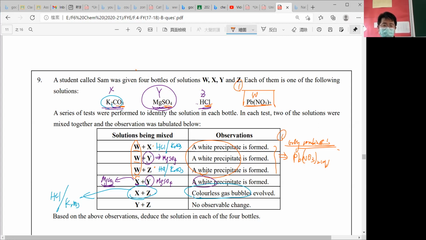We pick up X and Z for further discussion. And because of those two, I merge 1 and 2, and here comes number 3, that is magnesium sulfate being Y. And I use this to go back to come up with the two other cases, X and Y, and then here comes the conclusion on number 4.